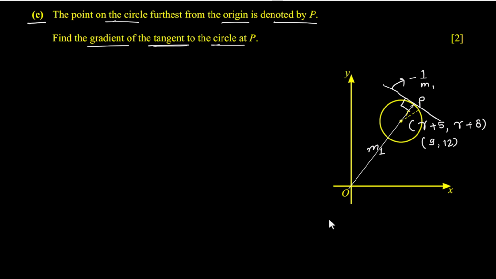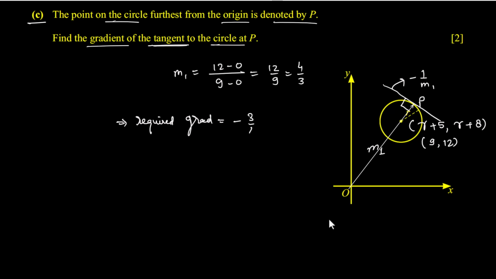So m1 is y2 minus y1, 12 minus 0, over x2 minus x1, 9 minus 0. This becomes 12 over 9, or 4 over 3, and hence the required gradient is going to be negative 3 over 4.